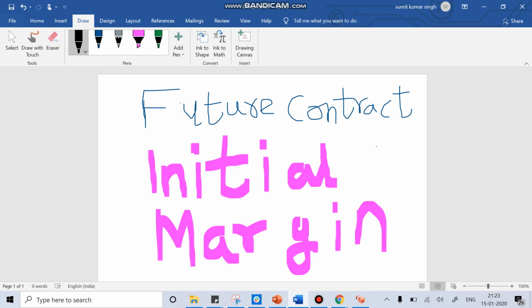Based upon the mark to market settlement, every day the exchange debits or credits money from your margin account to the other person's margin account. That way the exchange makes sure that mark to market settlement happens every day. Now you would be wondering what this mark to market settlement is. We'll understand this with an example.